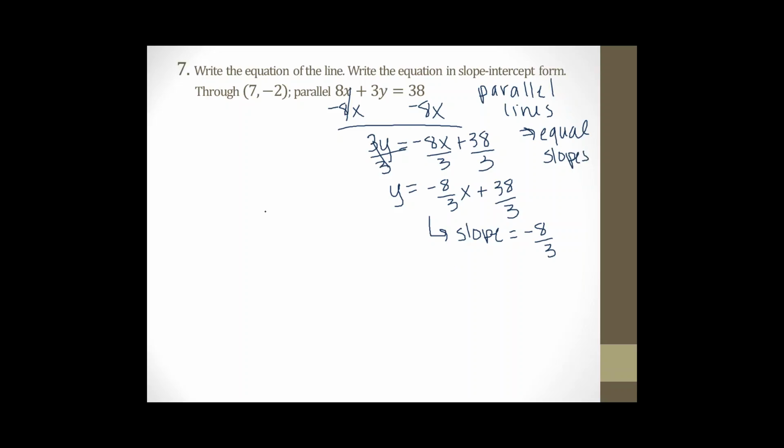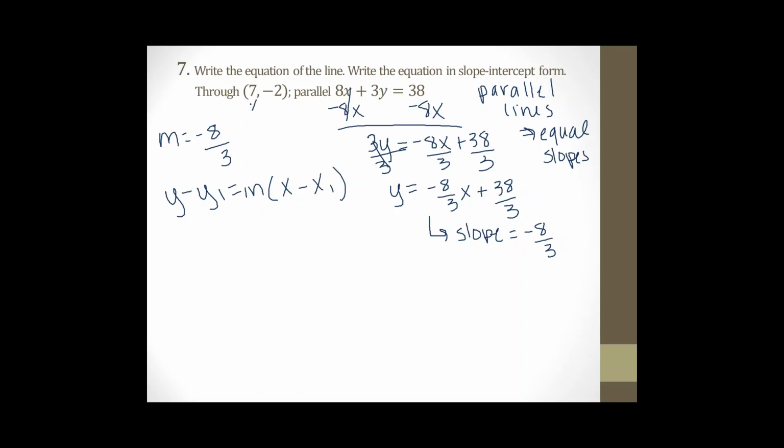All right, so while we wait for that, we'll continue with this problem. We have the slope that we're going to use, which is -8/3, so m is -8/3. And then we have a point that's given to us, (7, -2). So remember point-slope formula, y minus y1 equals m times x minus x1.